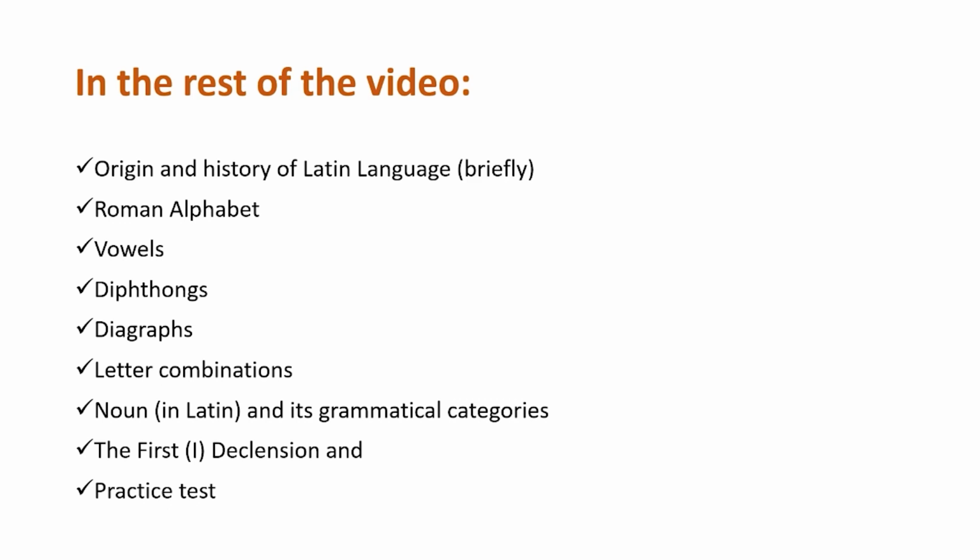At the end of this video, I have produced a practice test for you on the topics that we have covered in this video. I strongly encourage you to take this test to consolidate and reinforce the key concept that you have learned in this video. So let's see the first one.